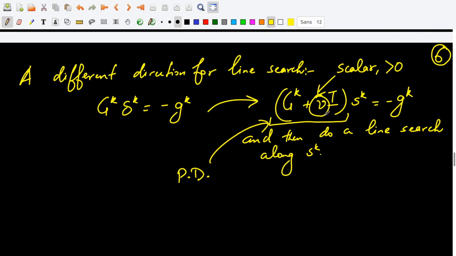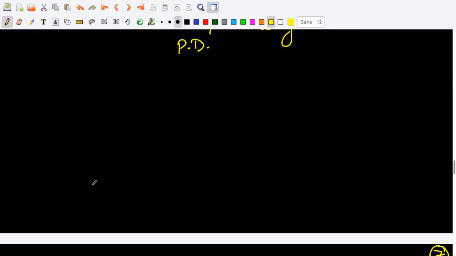So this is called some correction of the step length or the step direction, and we will try to look at these methods a little bit later in the next chapters. Let's mention a few more difficulties with Newton's method.